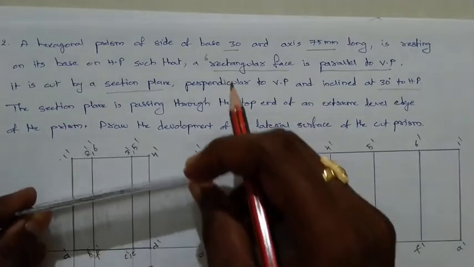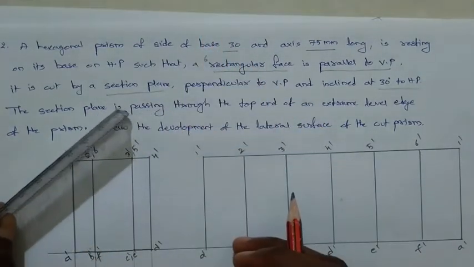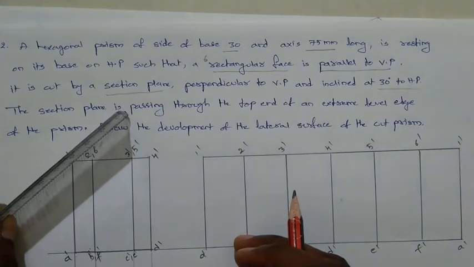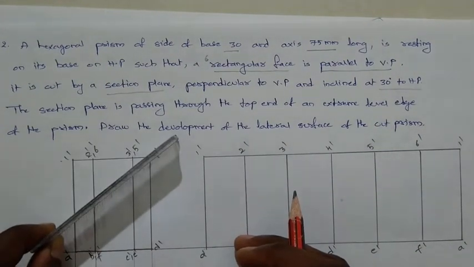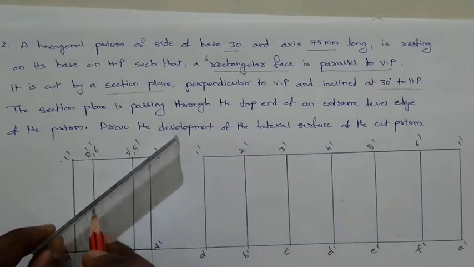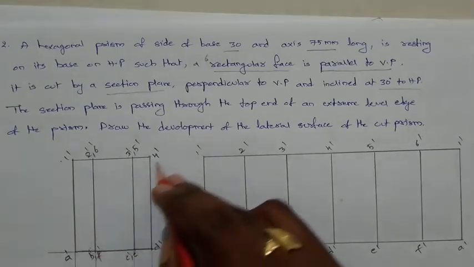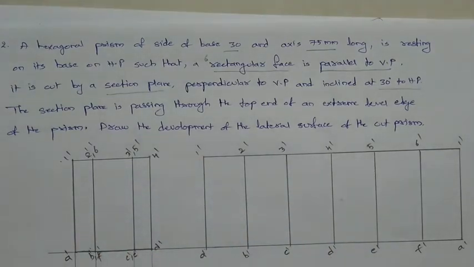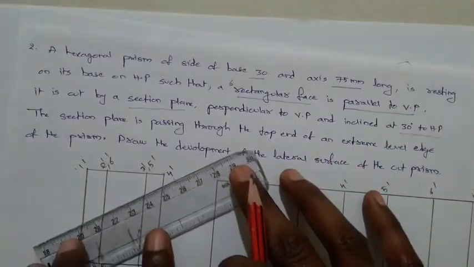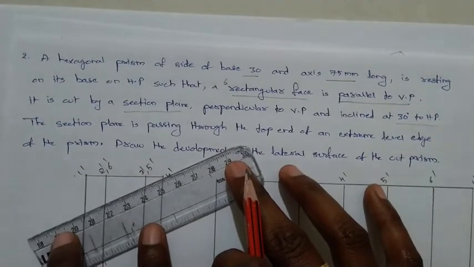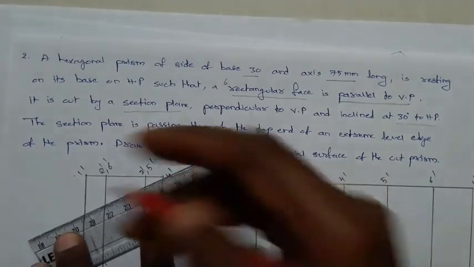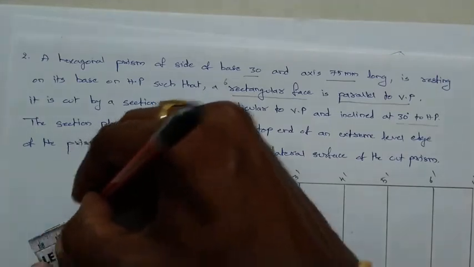If it is making 30 degrees like this, if you keep the section plane like this, it may not cut the solid, but if you keep the section plane here with an inclination of 30 degrees, see this angle with respect to XY is 30 degrees, then we are going to get some section portion. Okay, so like this, from the extreme position here, draw the section plane.